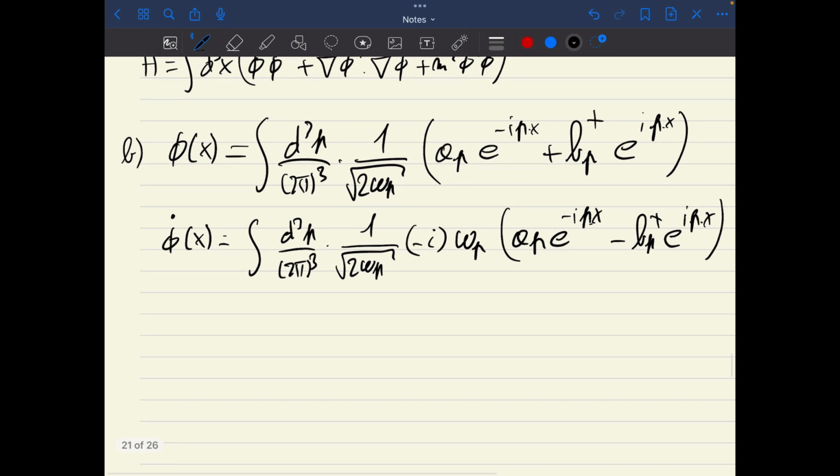Okay, we can simplify a bit. And one thing that is good to do is to make a change of variable in this term here, transforming p into minus p, so that we can factorize the exponential terms. So I'll do that straight away.